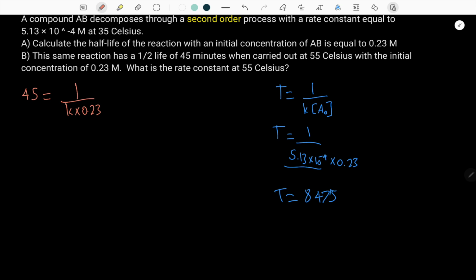So as you can see, t, which is 45, is equal to 1 over k, which we need to find, times 0.23, which is the concentration. And now if we do shift solve on our calculator and find the value for k, k is going to be 0.0966. Let's move on to the next question then.